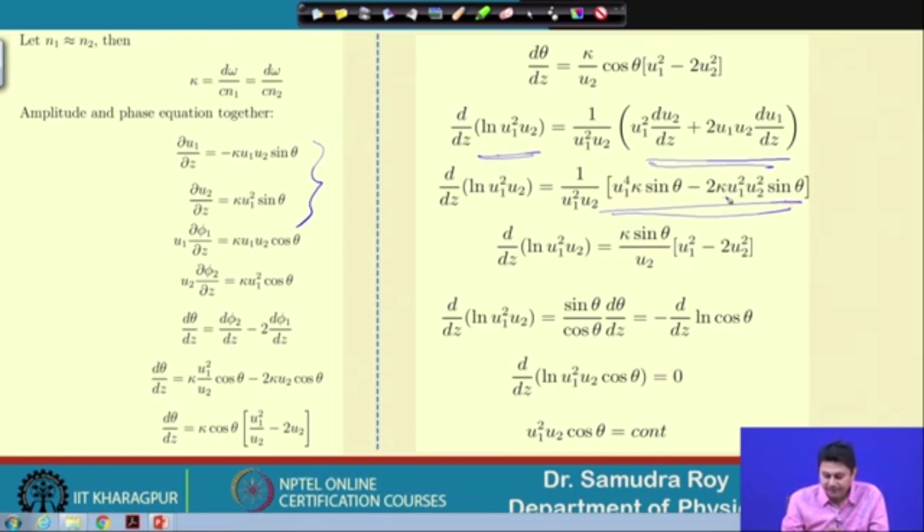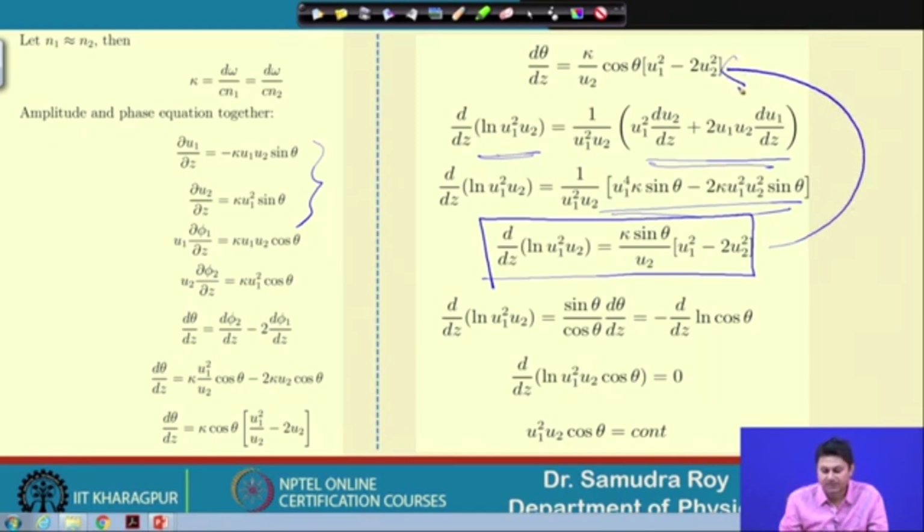If I simplify this equation, we will eventually have one expression: d/dz of log of u1 square u2 is equal to kappa sin theta divided by u2, times u1 square minus 2 u2 square. Now, on the right hand side, this quantity we already got here in terms of theta.